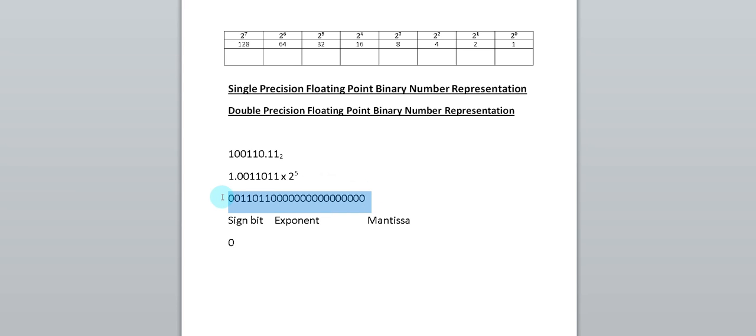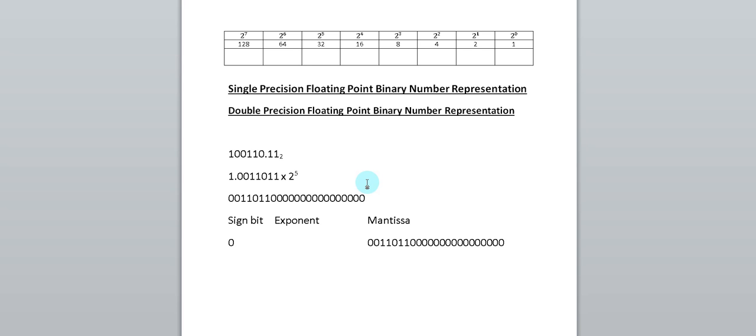So our mantissa will look like this, just like that. And by the way, our sign bit will be 0 since we have a positive number here.